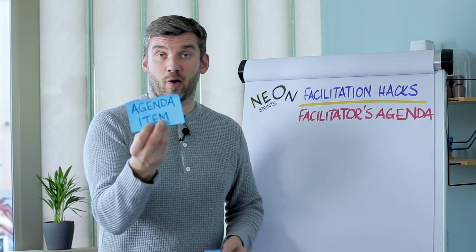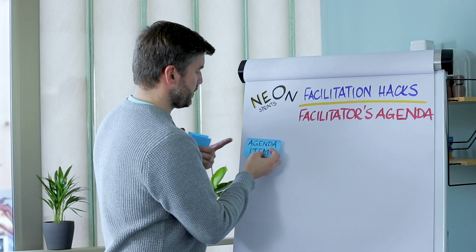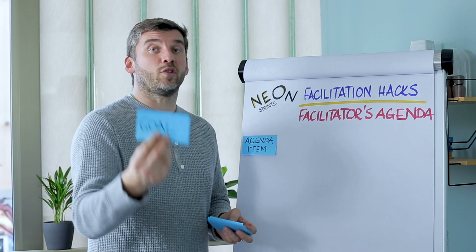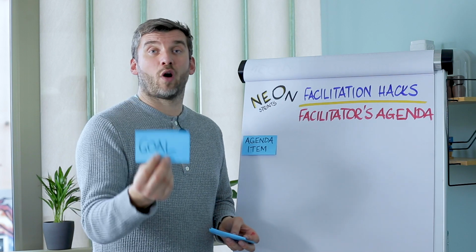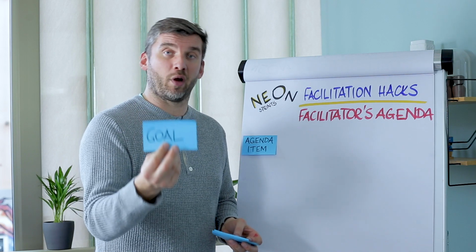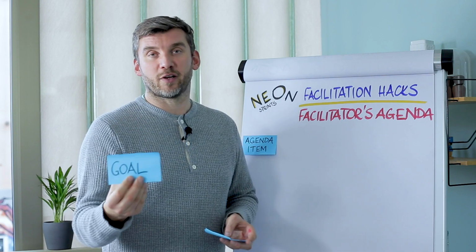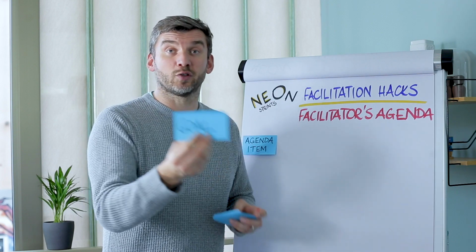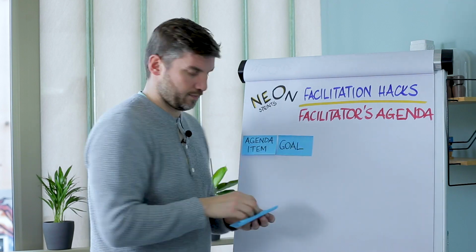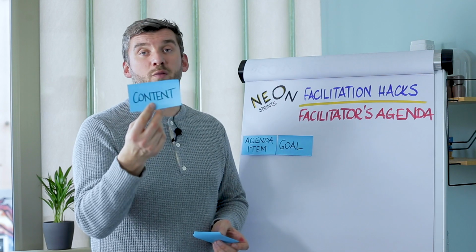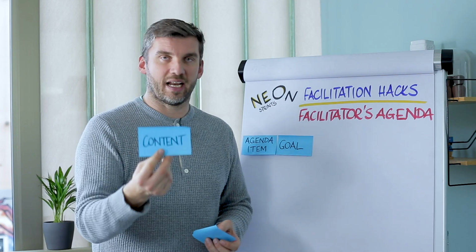First thing that you're going to put on it are the actual agenda items. Secondly, for each agenda item, you need to come up with the goal that you want to achieve at this particular point in your workshop or your design sprint. Otherwise, it will be difficult for you to know whether you can move on to the next step. Then clearly describe the contents of what's going to be covered in that particular agenda item.